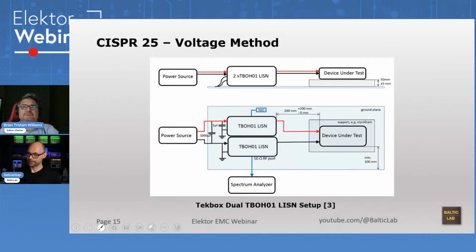Here's the entire setup again. That is a drawing from the manufacturer of those LISNs. We have our two LISNs. And from the requirements that we read earlier, we're bonding the return line, so the ground line, directly to the reference ground plane. And the reason why I included this picture is these LISNs have external capacitors that you need to put on the LISNs.